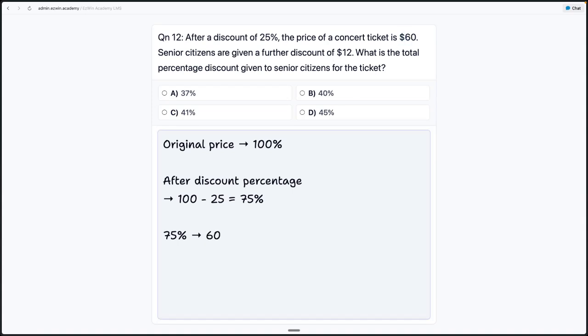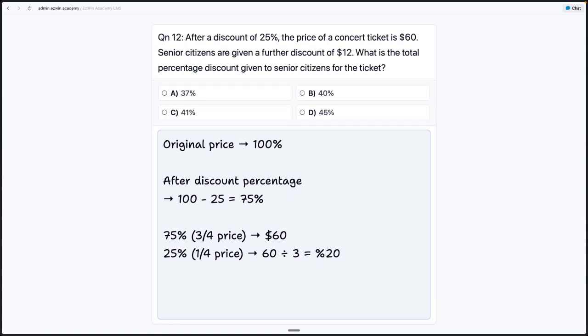So we know this is $60. 75% is actually also the same as 3/4, 3/4 of the price. So if you were to just divide it by 3, this will be 25%, or 1/4 of the price. Then 60 divided by 3 is $20.